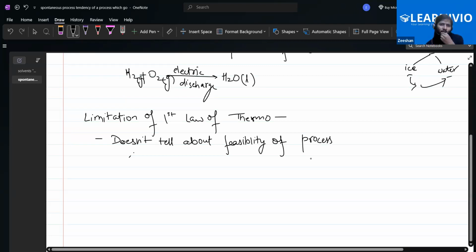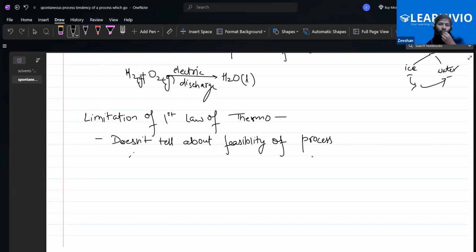For example, if you want to convert graphite into diamond, artificial diamonds are also made from graphite. The first law of thermodynamics will not tell how to convert graphite into diamond, because it is not feasible. You have to give a very high amount of pressure and temperature, and only then would graphite convert into diamond, right?